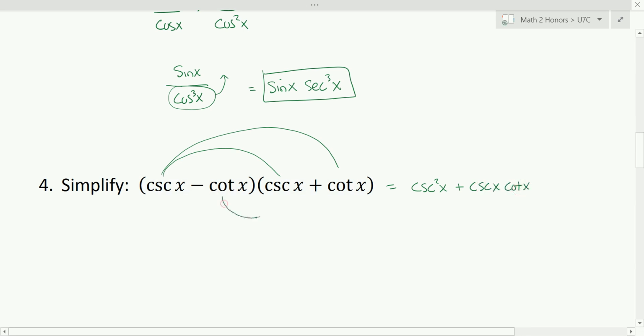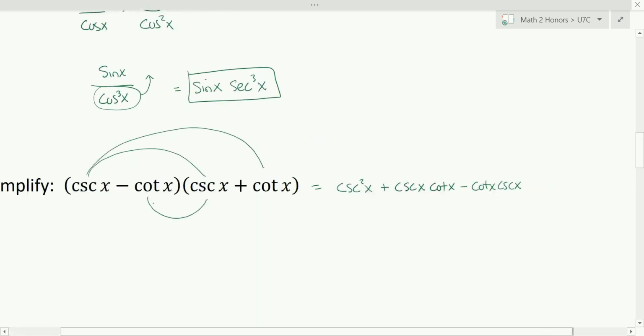Negative cotangent x times cosecant x is going to be negative cotangent x, cosecant x. And negative cotangent times positive cotangent is negative cotangent squared x. So you just distribute and multiply that out.